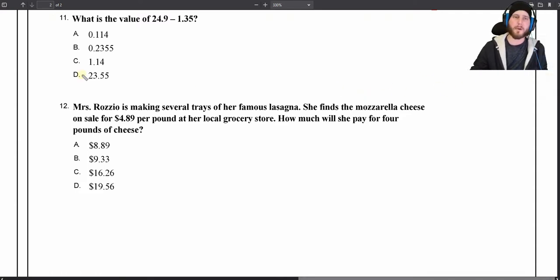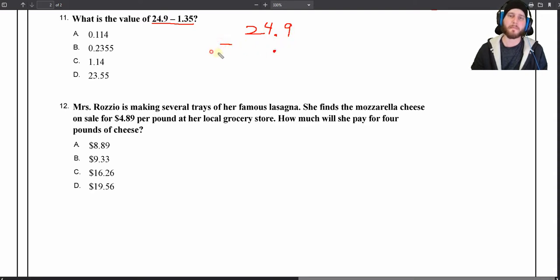So for number 11, we've got $24.09, or what am I saying money for? 24.9 minus 1.35. So we've got to line these up and subtract them appropriately. We've got 24.9. Make sure my decimals get lined up. And we are subtracting 1.35.